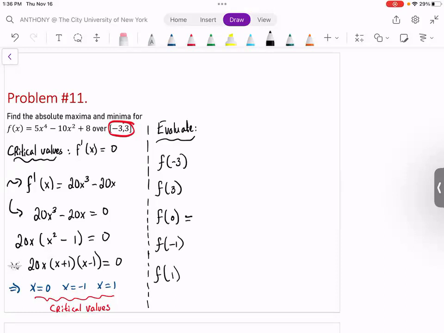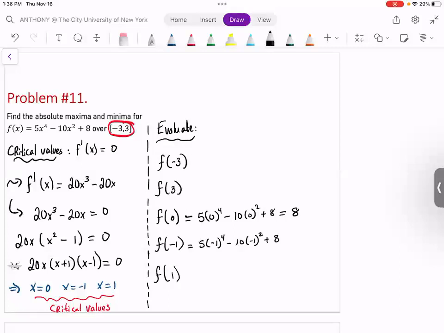So if I want to evaluate f of 0, I plug 0 into our original function. For this one, you're just going to get 8 since the first two numbers will be 0. If I plug in -1, you get 5 times -1 to the fourth minus 10 times -1 squared plus 8.